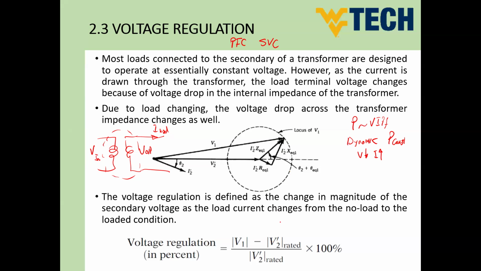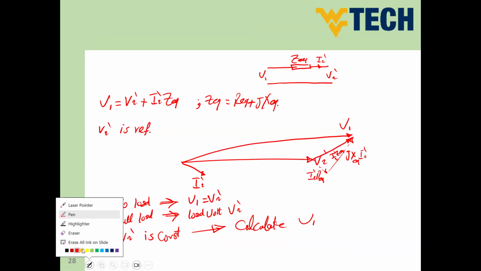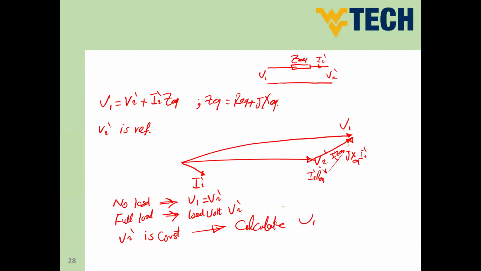So in this case, we will assume that V2 prime is constant, which is the load voltage, and based on that, calculate V1 using this relation.